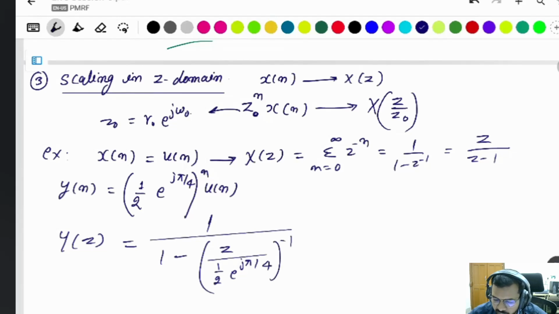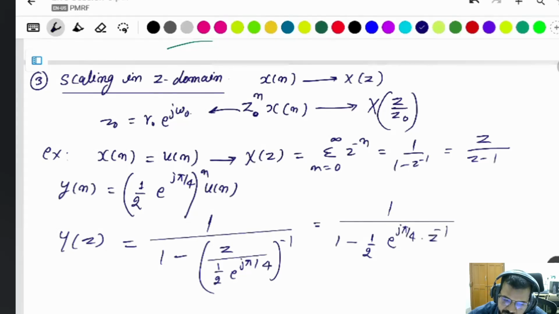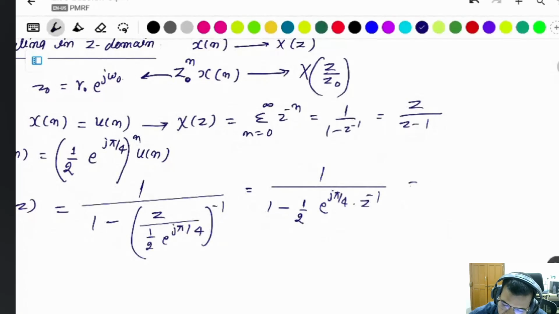At the place of z you have put z by z naught, and this value will be 1 minus, if this is the inverse then the whole signal will be upside down, e^(jπ/4) into z inverse, or you can write this one as z minus 1/2 e^(jπ/4).